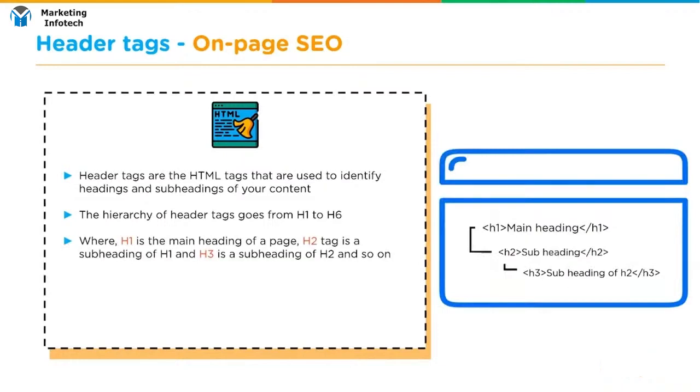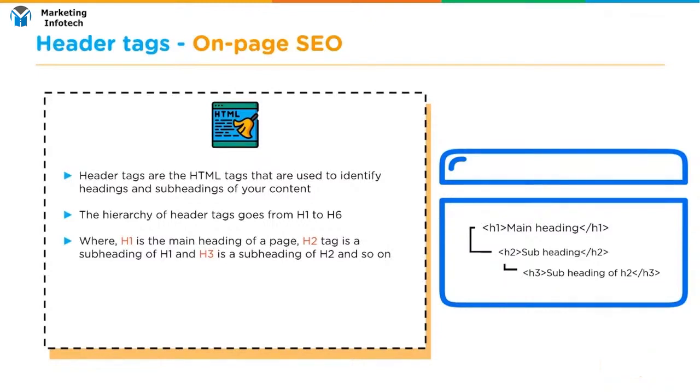So here you can see an H1 is going to be at the top of the hierarchy, so that means it's going to be bigger and bolder. Then you have an H2, which is going to be bigger and bolder than an H3, but not as big and bold as an H1. So with headers, not only are you organizing the content accordingly, but you're also signaling to Google how important that particular header is. And of course, the header needs to include the keyword we're trying to rank for.